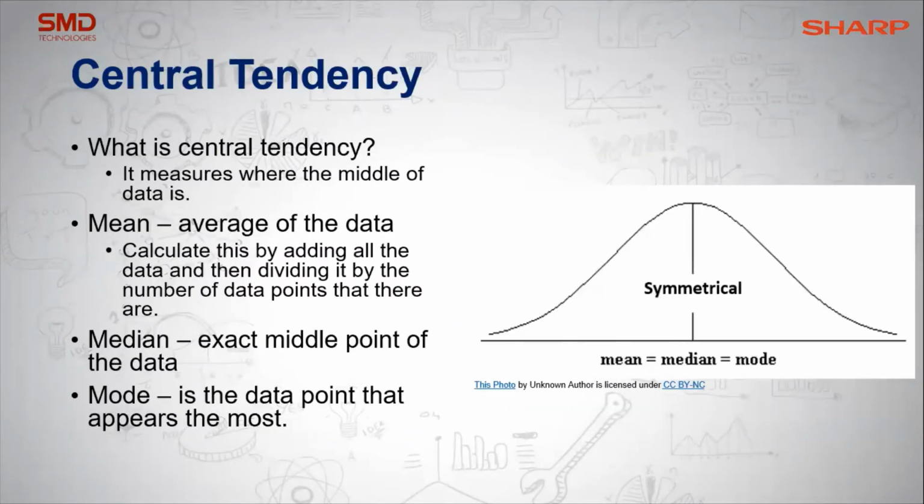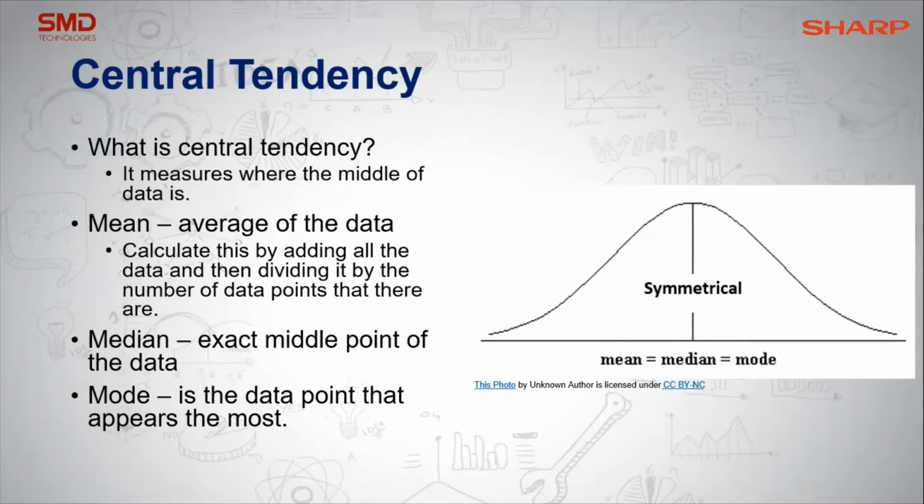Central tendency, what is it? It measures the middle of where the data is. So if you look, we have a mean, which is the average of the data, and you calculate this by adding up all of the data points and then dividing it by how many data points there actually are. The median is the exact middle point of the data.